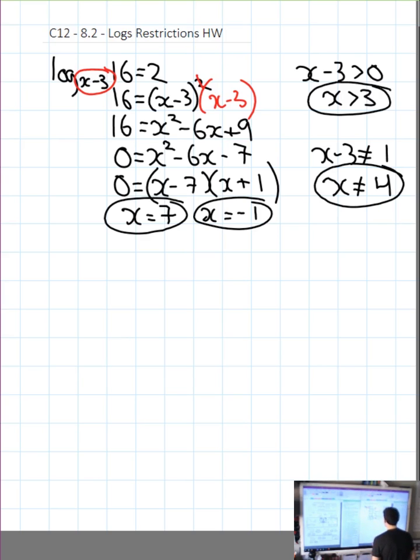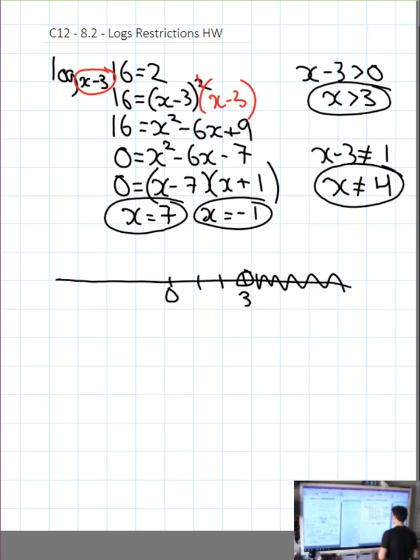So I want to think about my restrictions like on a number line. If x needs to be greater than 3, that means that I need numbers over here. Now x also cannot equal 4. So I can be greater than 3, but can't equal 4, which means we keep both of the restrictions. Lots of the times we reject one of the restrictions because the other one is more restrictive.